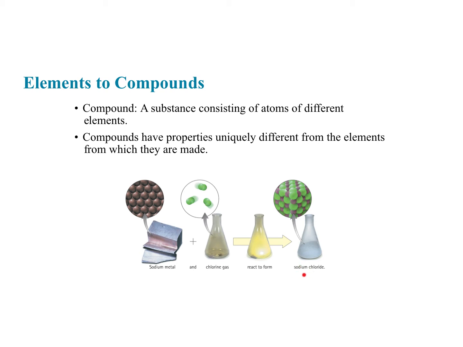You might remember from your high school science classes that sodium chloride is table salt. It's what we put on our food to make it taste better. That actually comes from a combination of sodium metal and chlorine gas. When you combine sodium and chlorine and you make them interact and form a compound, the compound you get is called sodium chloride. And here's the thing.